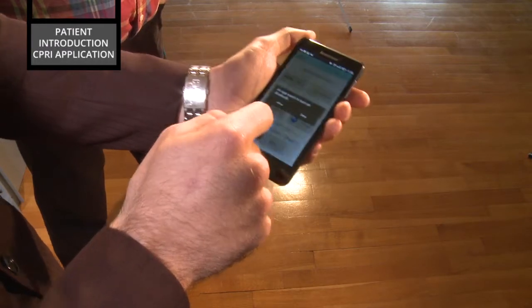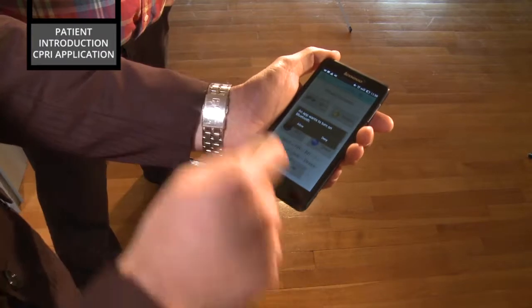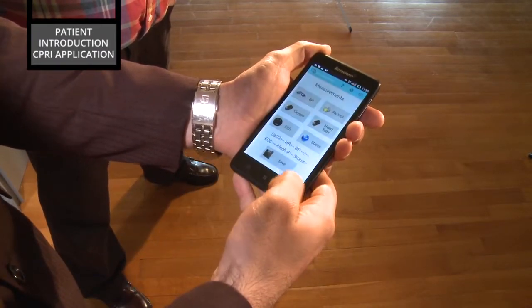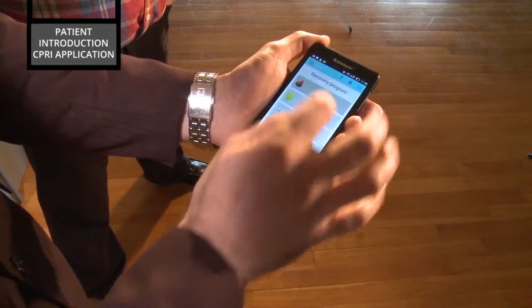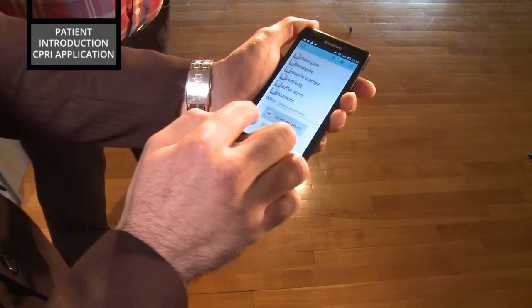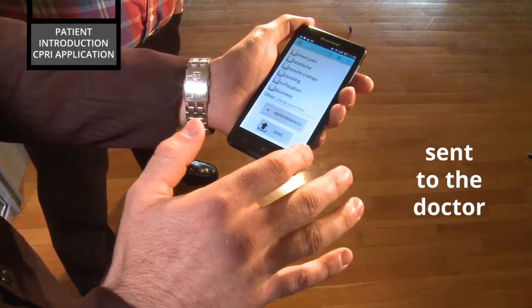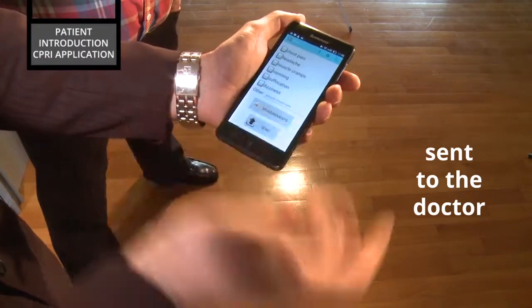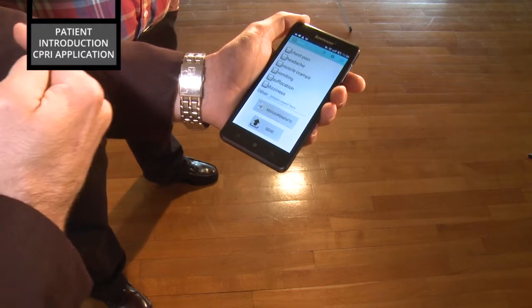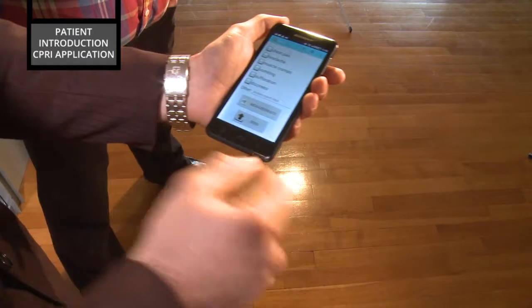The blood pressure device will be put on your arm and automatically transmit the data to the smartphone, and once you do all these measures, you just click send, and the information will be sent to the doctor. He will be alarmed in, let's say, 5 to 10 seconds, and you will be contacted back by the doctor to see the objective symptoms and what we should further do.